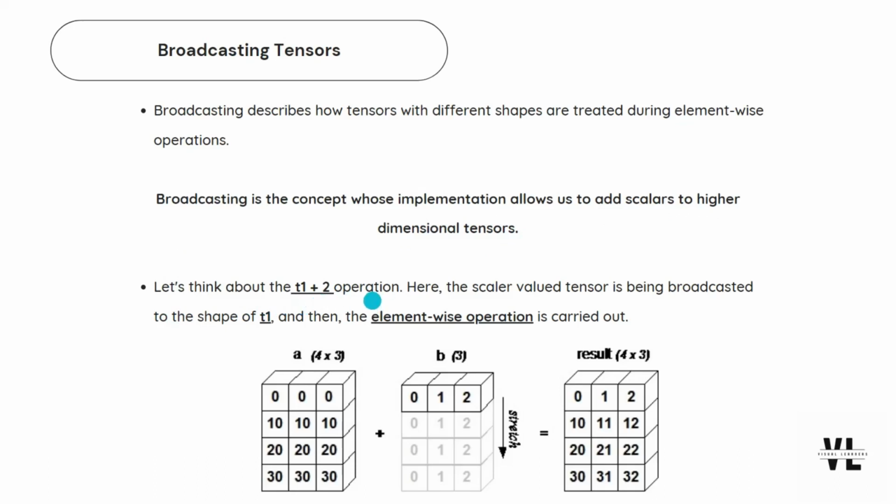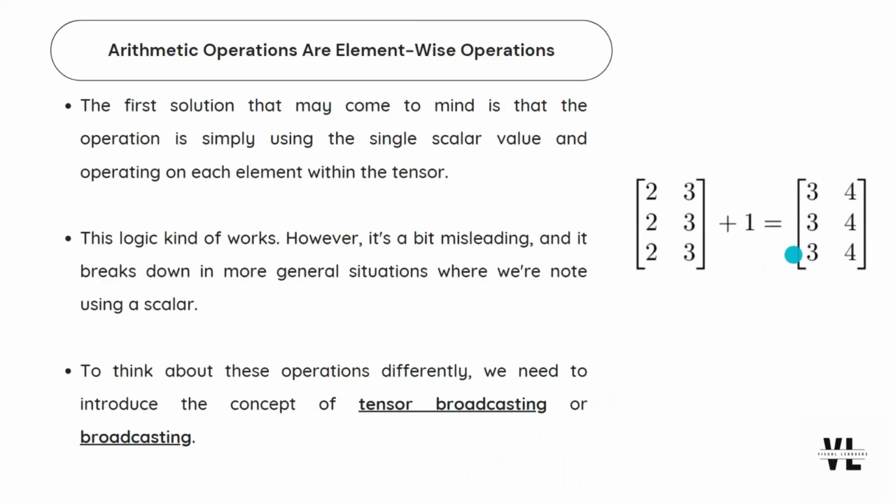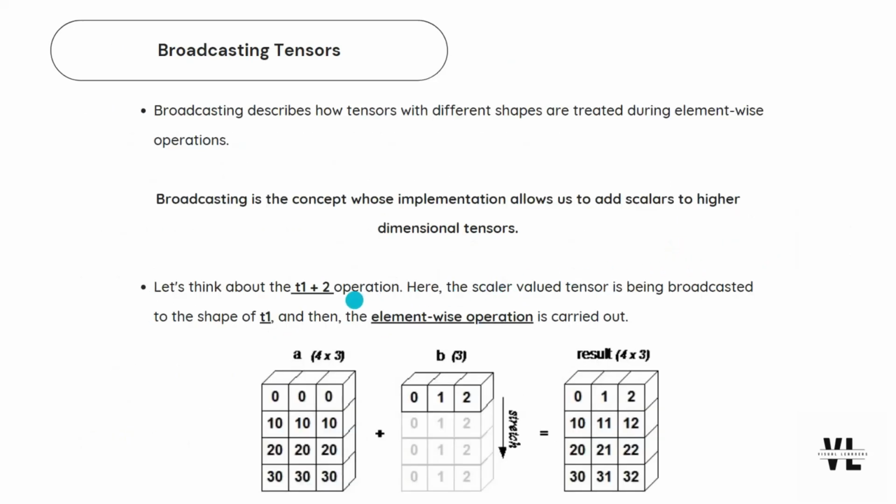Here the scalar valued tensor is being broadcasted to the shape of t1. So instead of our analogy before where we just assumed that we are adding the scalar to each element, what is happening under the hood in PyTorch is it's broadcasting the scalar first to be the same shape as the first tensor, and then the element-wise operation will be carried out.